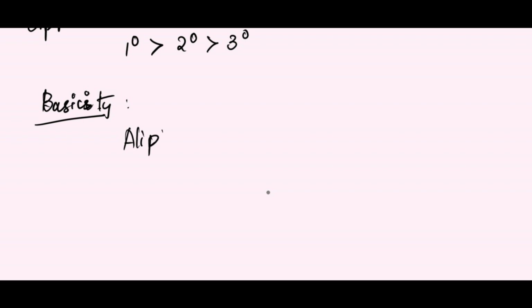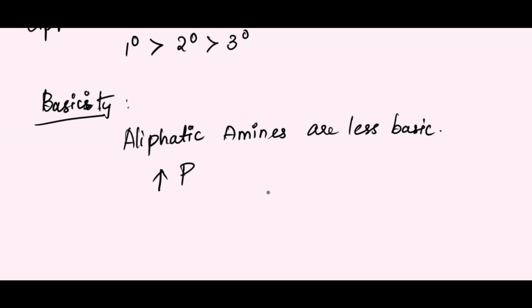Once again I am telling you, the more the pKb, here not pKa, it's pKb, the lesser will be the basic strength. B stands for base, lesser will be the basic strength.